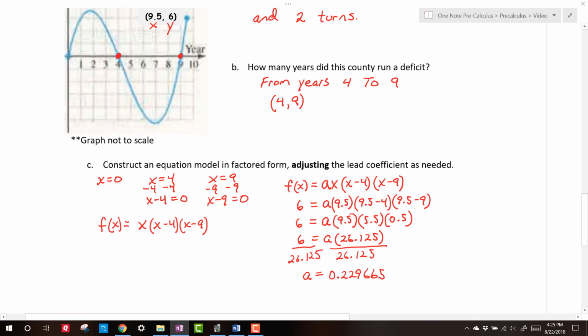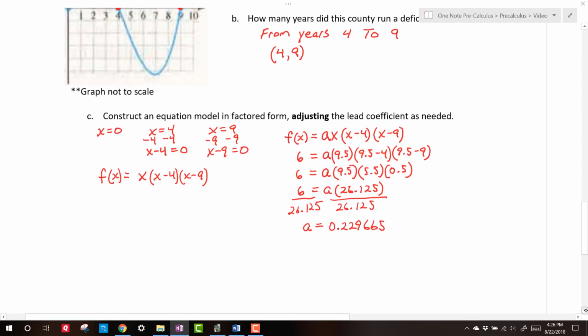So my equation now has an a term of that decimal right there. So f of x would have to equal 0.229665 times x minus 4 and x minus 9.